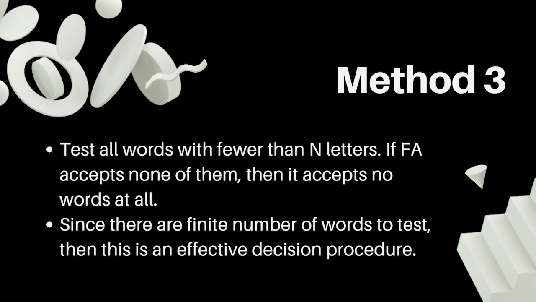The proof we discussed earlier demonstrates that the shortest word recognized by an FA must have at most n-1 letters. Applying method 3, if an FA with n states accepts any words, it will accept some word with n or fewer letters.